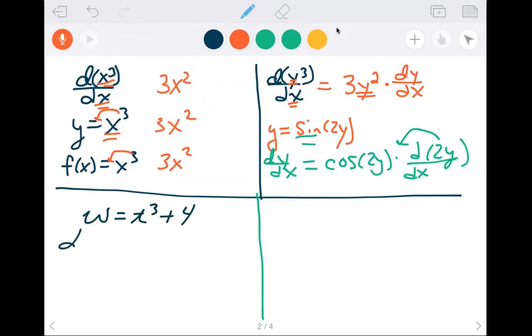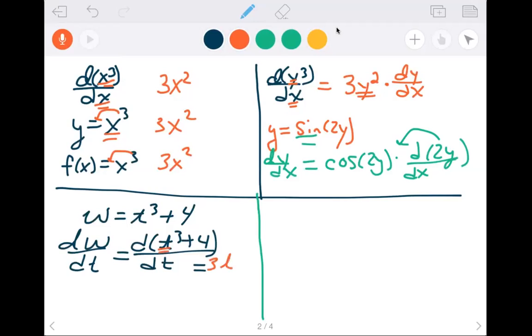So if I said dw/dt, which is really the derivative of t cubed plus 4 with respect to t, there's a variable match. So that's exactly what I would think it would be. It's the derivative of t cubed, which is 3t squared, technically times dt/dt, but that's 1, plus the derivative of 4, and constants are always 0.